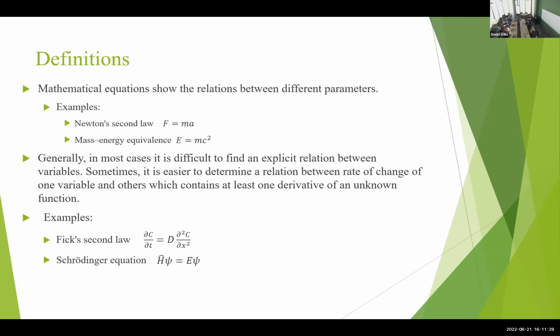In the Schrödinger equation, as probably all of you have noticed, some part of the Hamiltonian contains differentiations which explain the location of the electron.